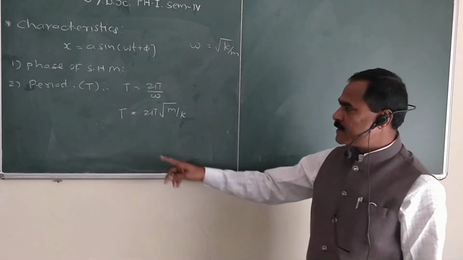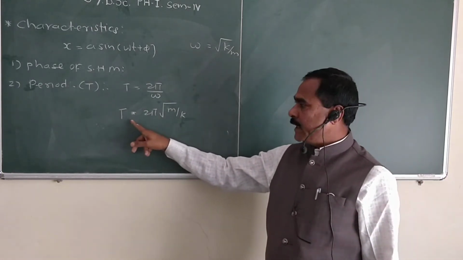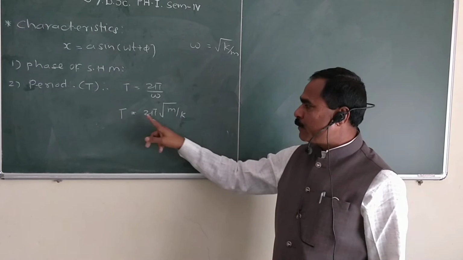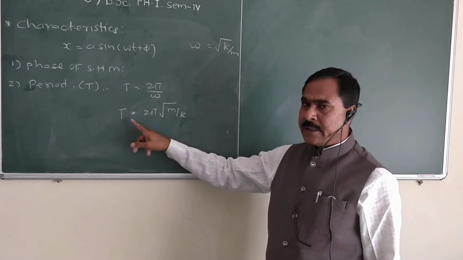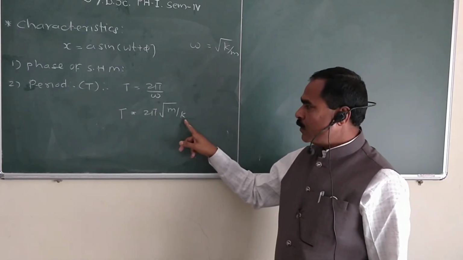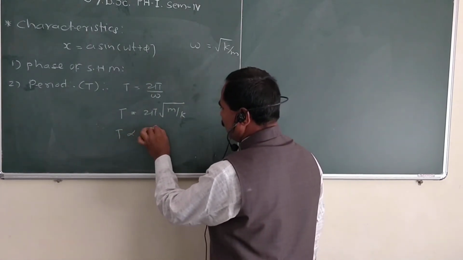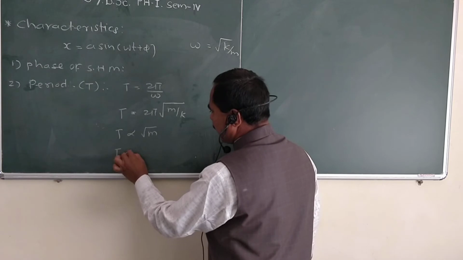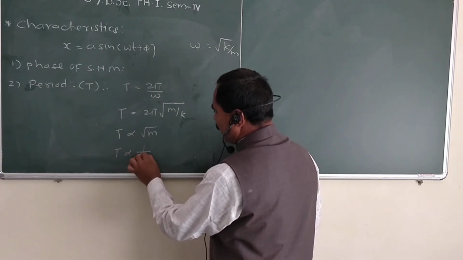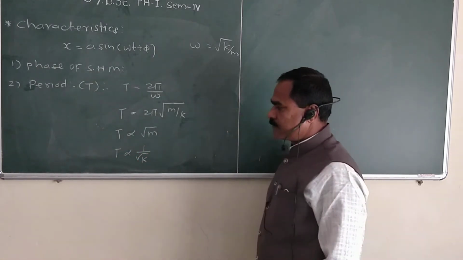That means the period is directly proportional to root m and inversely proportional to root k. Right, T is directly proportional to root m and T is directly proportional to 1 upon root k.